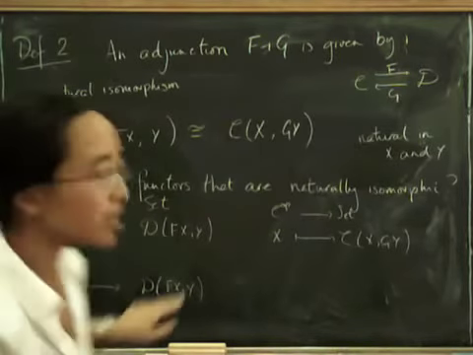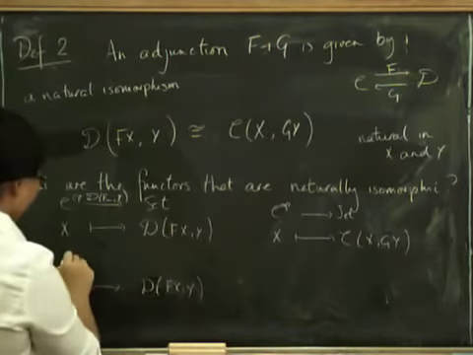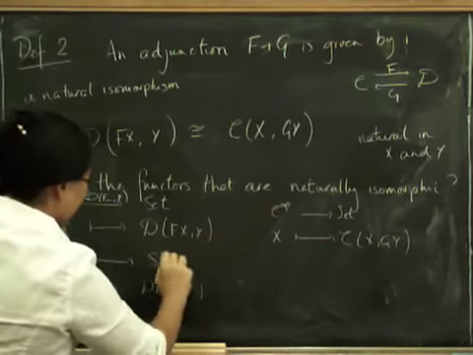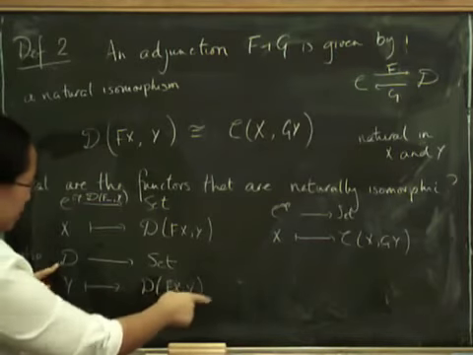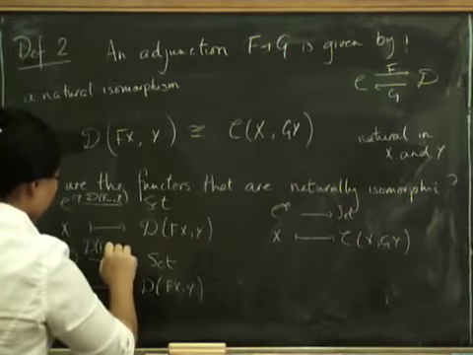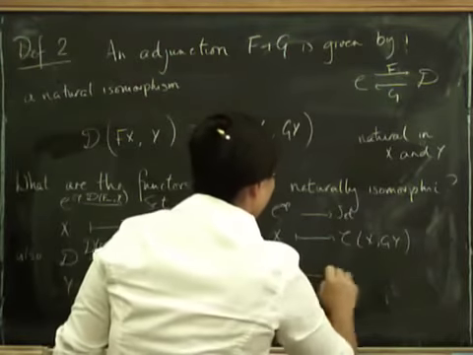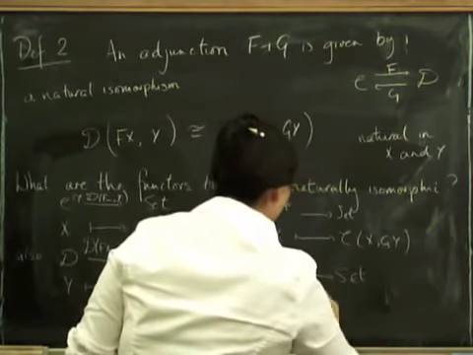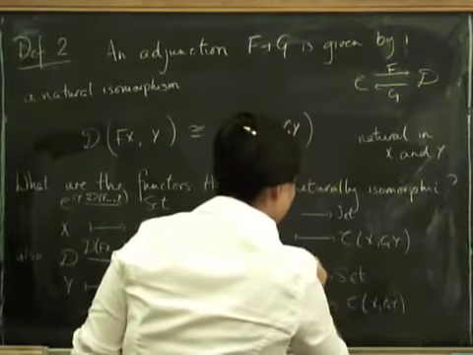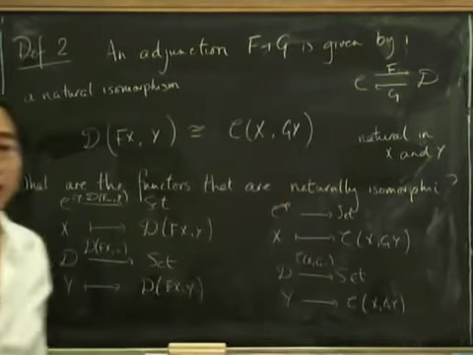And so the other one is in fact going from D, because y is an object of D, and it's going to Set, and this time it's not D op, because the y is on this side of the hom thing, and this functor is sometimes known as D of F of x comma blank, because that's where the variable is. And so on the other side, we've got the one that takes y and sends it to C of x, G y, and this is sometimes known as C of x comma G blank. So that's where the natural isomorphisms are.